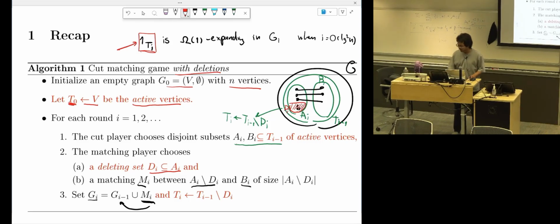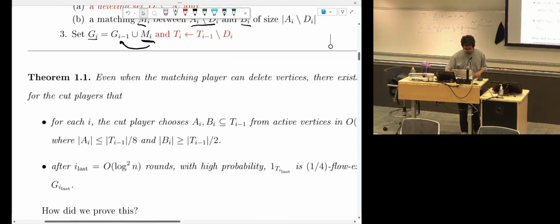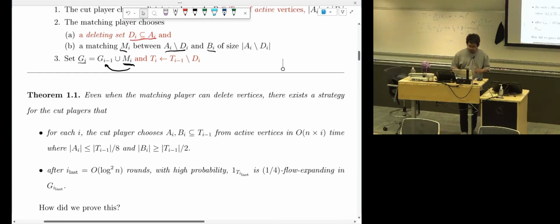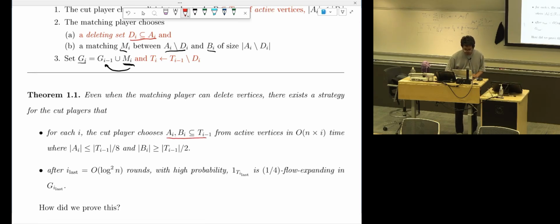And how to prove this, if you don't recall, you can look it up. So this is what we showed: there is a strategy that the card player can choose Ai and Bi, in time something like Ni, such that Ai is small, Bi is more than half, and after log square rounds, Ti is expanding in Gi.